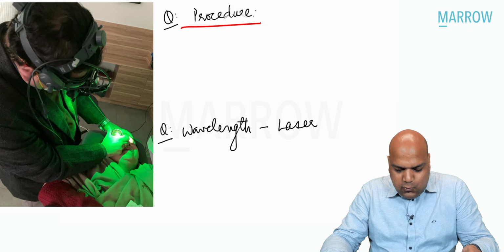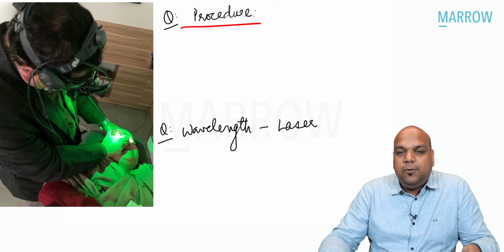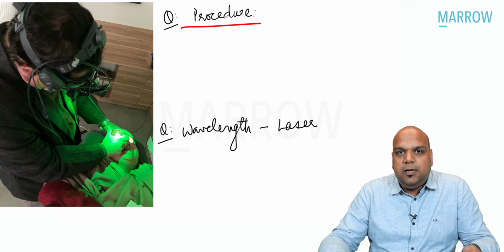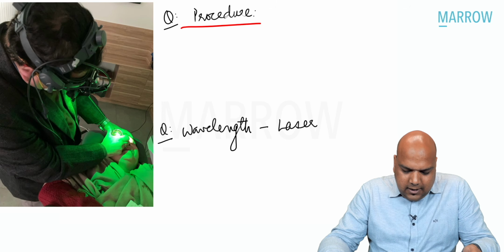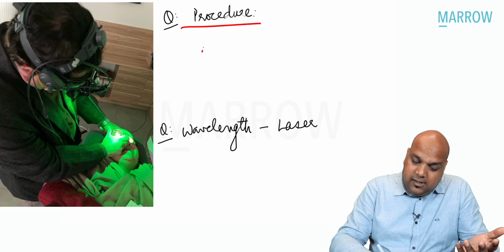What is the procedure you see being done here? In the image you cannot see, but he's Dr. Arora, our retina specialist, and the clue is given there. Somebody said, sir, green laser.